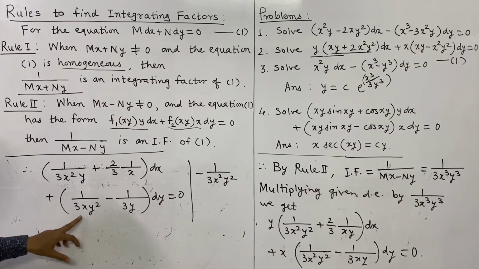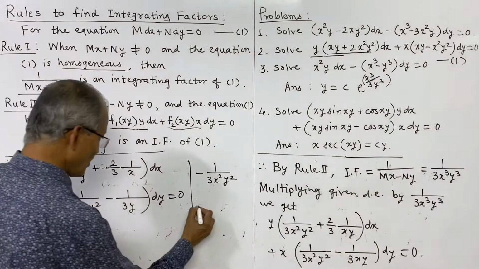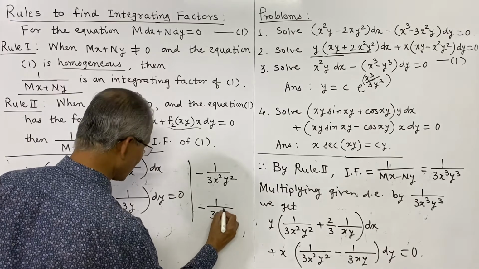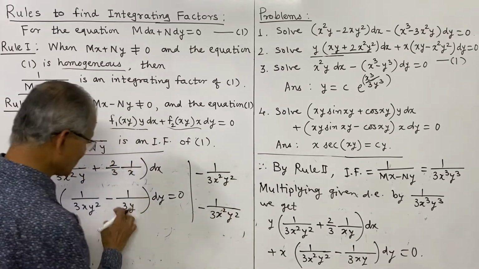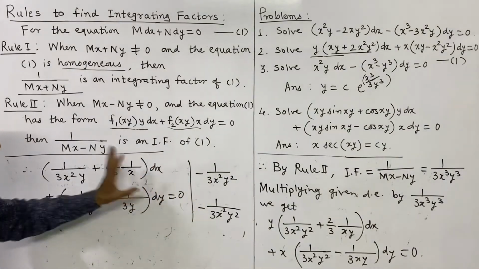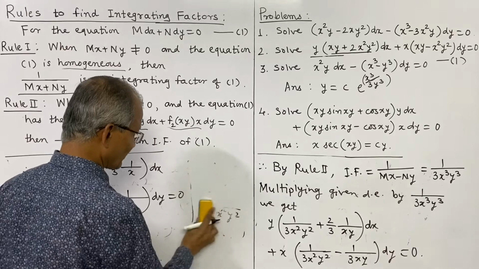And this derivative with respect to x, treat y as constant, again the derivative of 1 by x is minus 1 upon x square, so it is again 3x square y square, and this term is constant when we differentiate partially with respect to x, so these two are equal, the equation is exact. This is an exact differential equation.